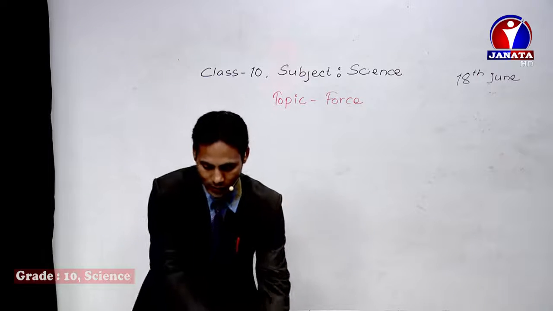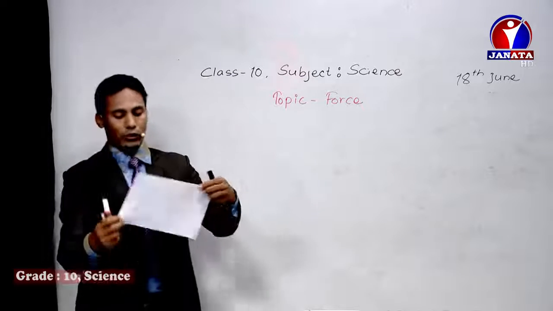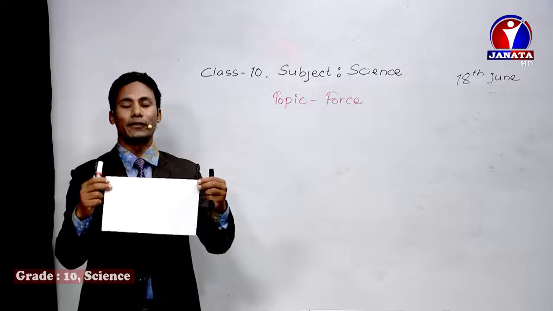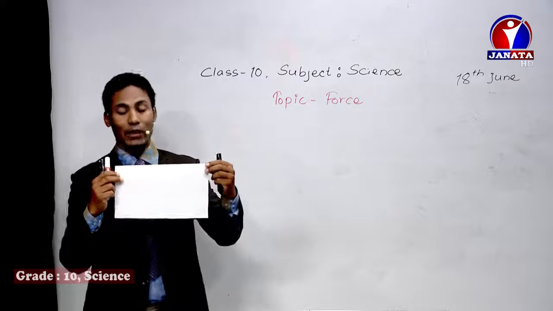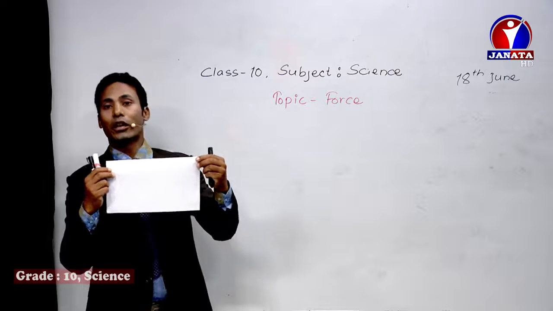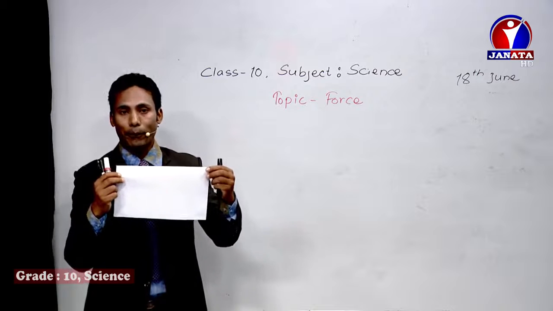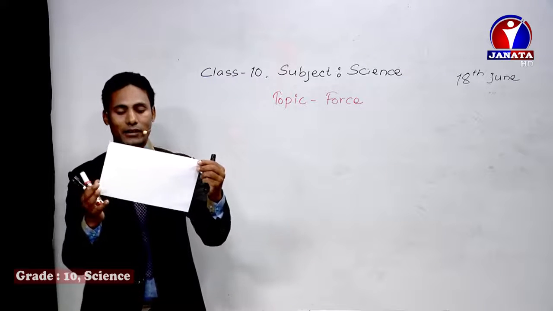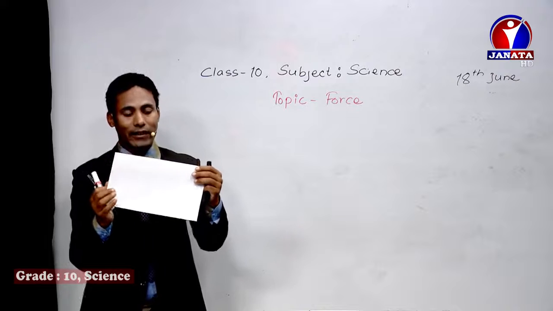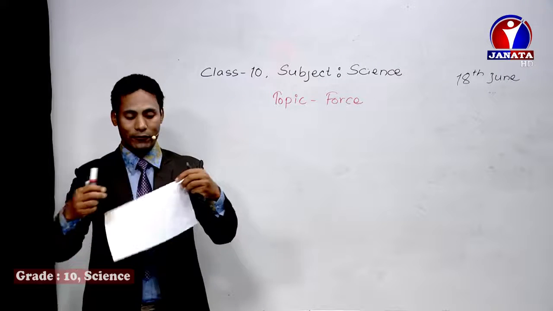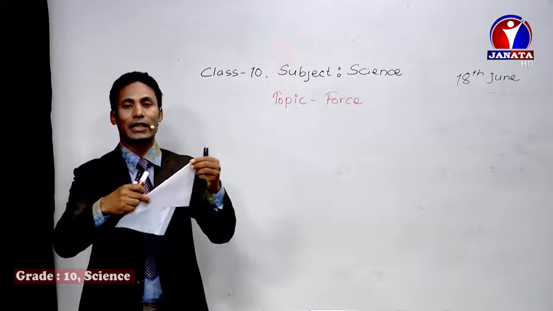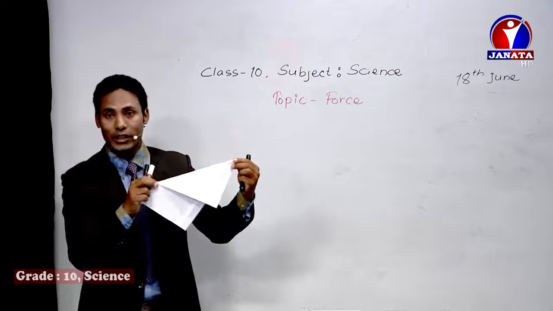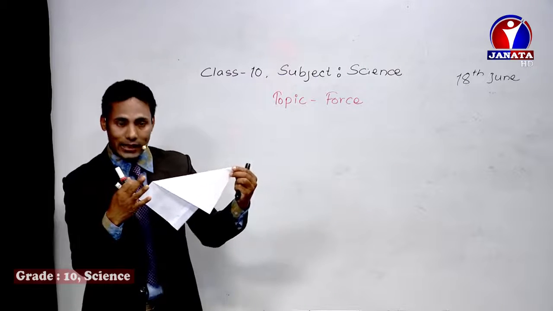So let's revise. I have one sheet of white paper, and you can see the dimension of this paper. It is rectangular in shape. Whenever I apply some external agent here, it changes the shape from rectangular to another shape. For example, here you can see this shape got changed when I apply the external agent on it.